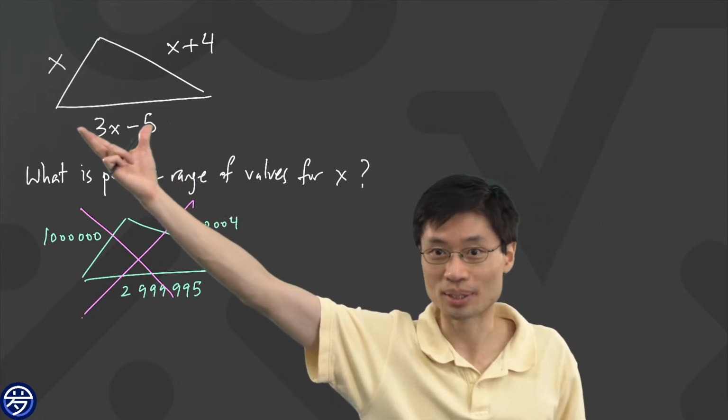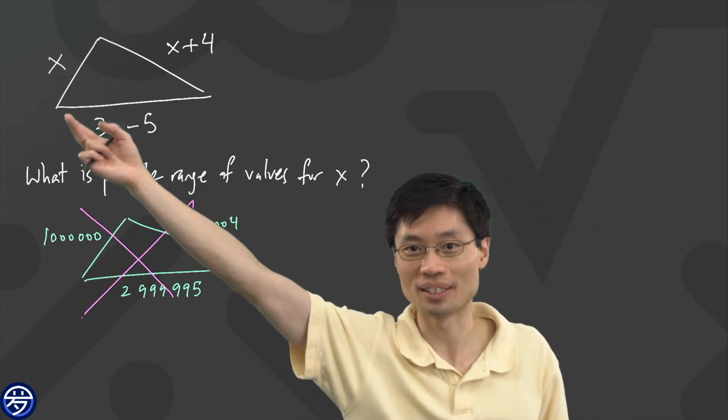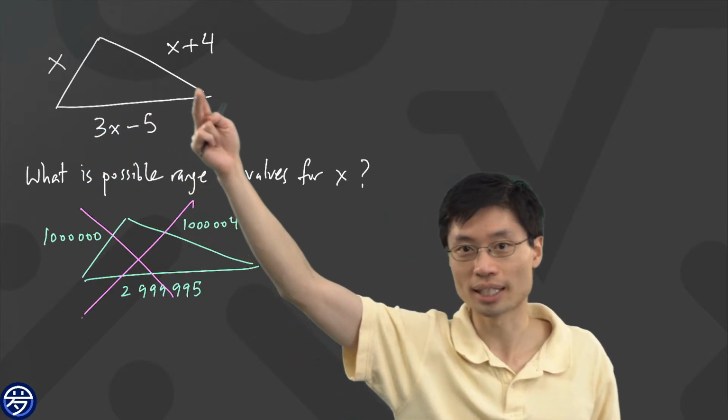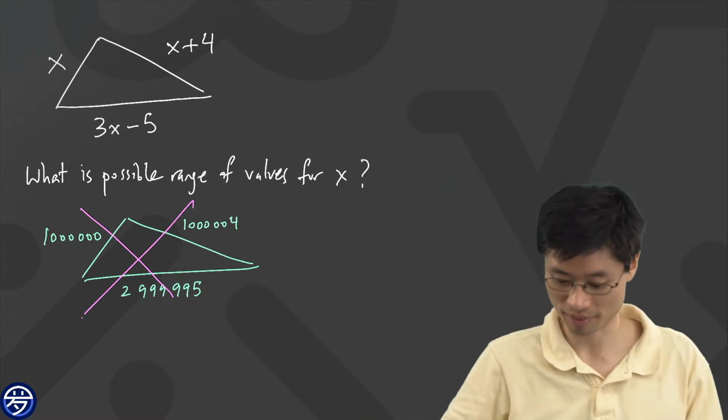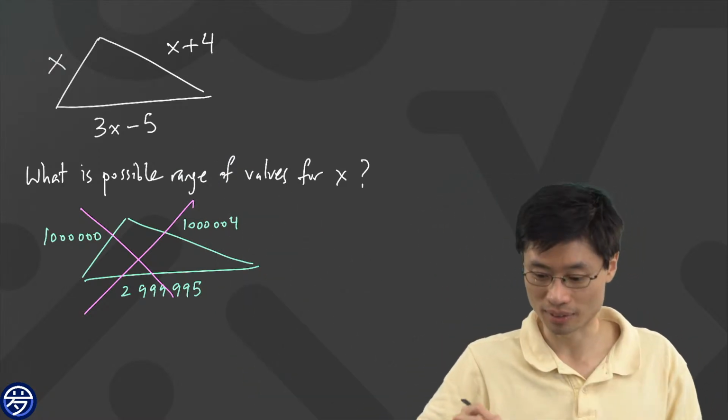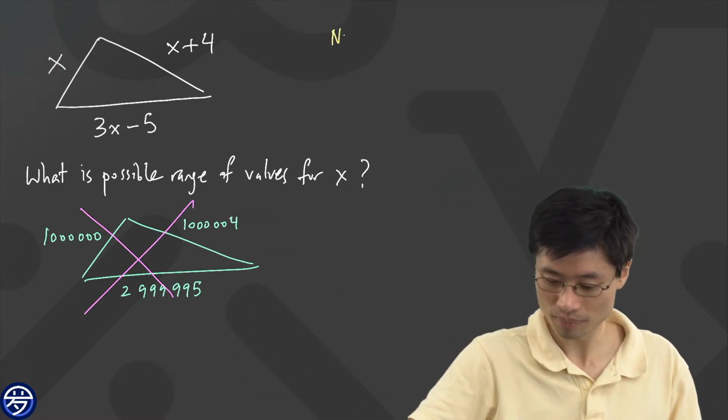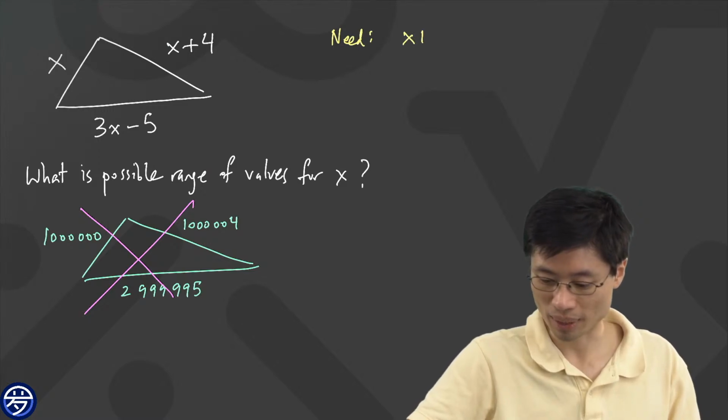So now I happen to know there's one important inequality, which is that x plus x plus 4 has to be at least as big as 3x minus 5. Okay, so here are some things that I would need. I need that x plus the x plus 4 is at least the 3x minus 5.